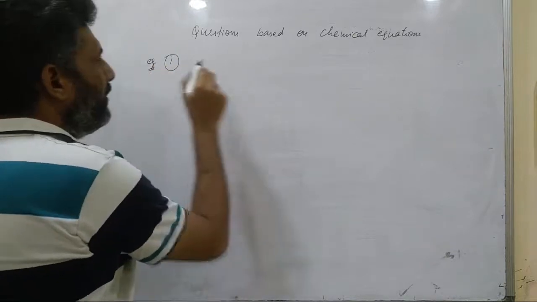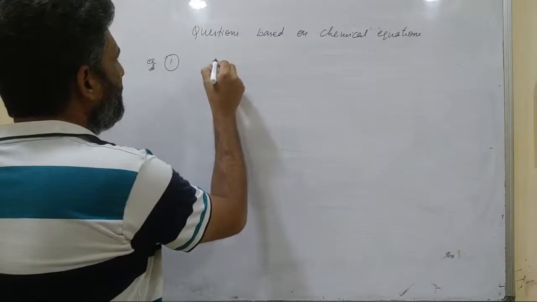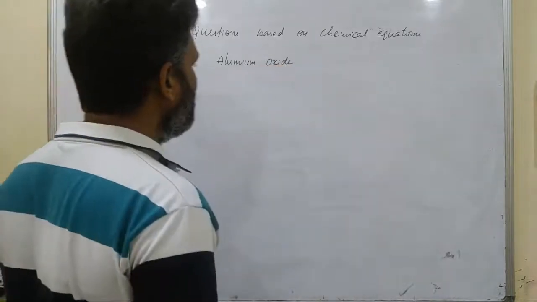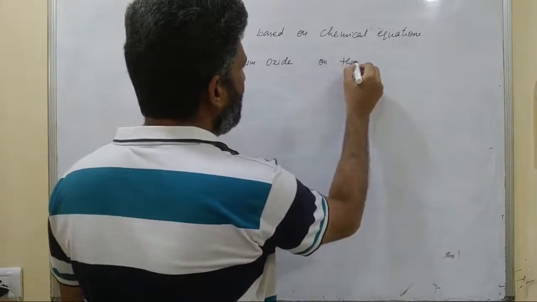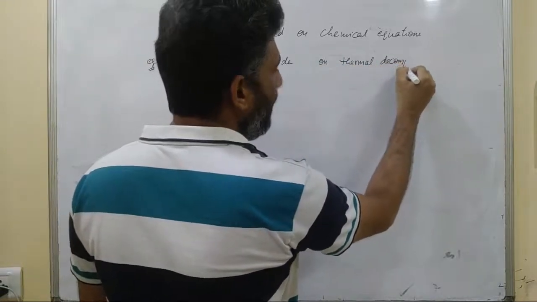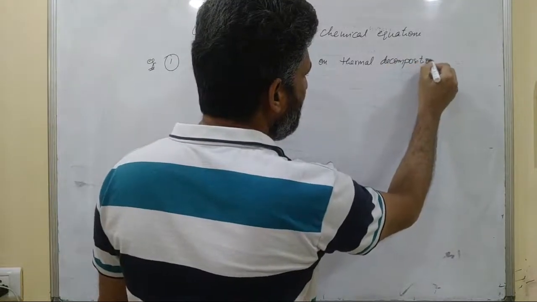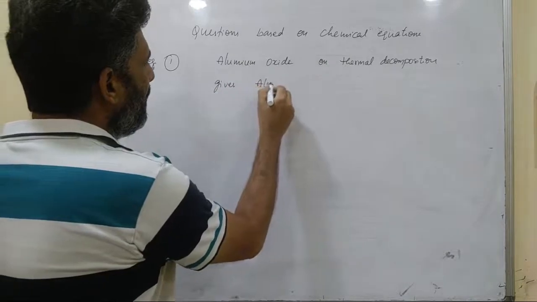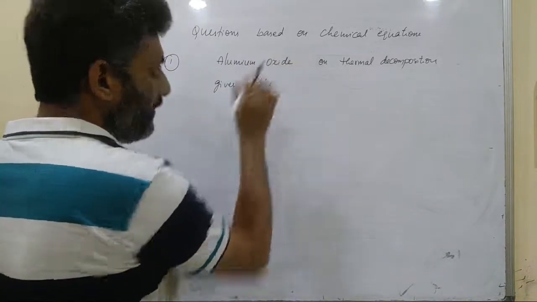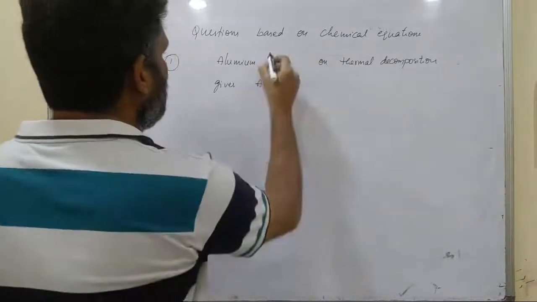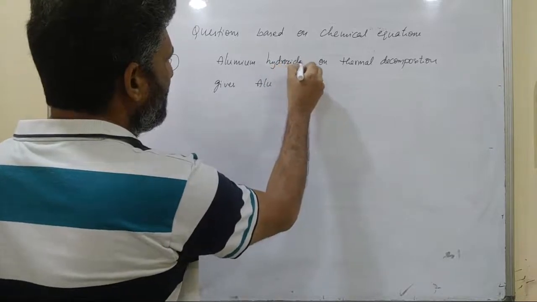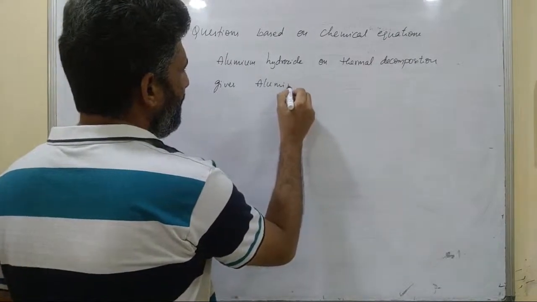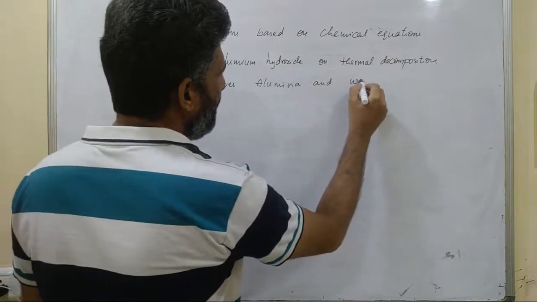Example 1. Under this, aluminium hydroxide on thermal decomposition gives alumina and water.